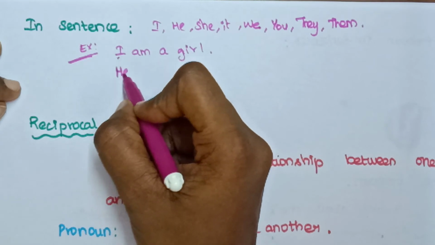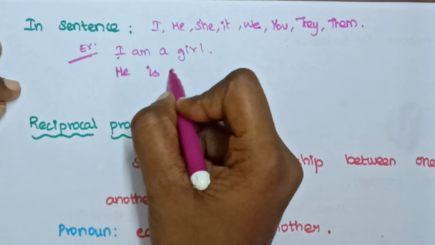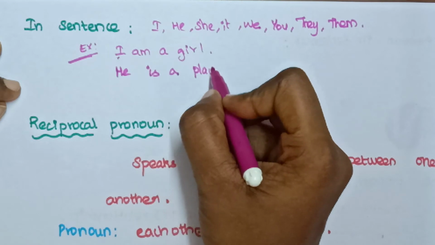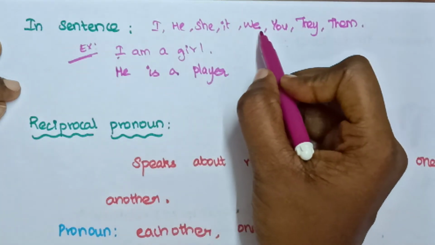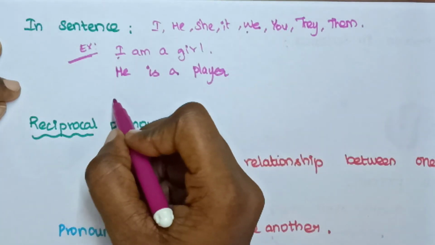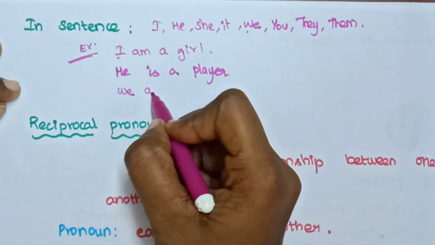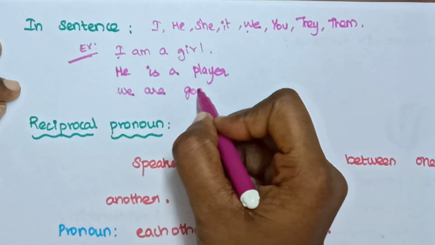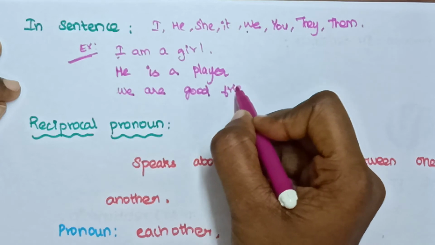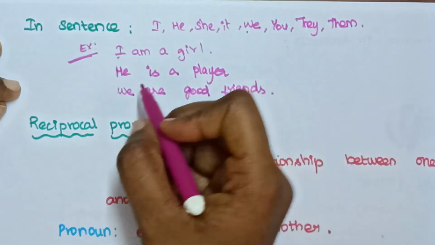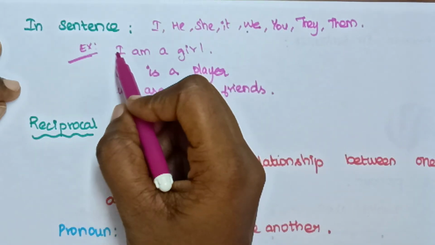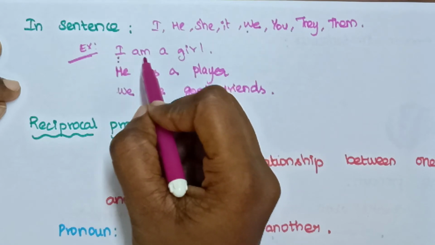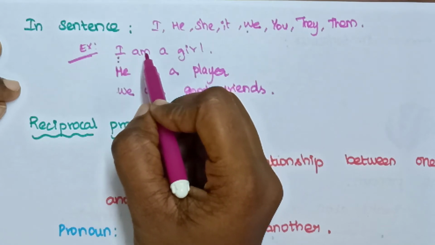For he, he is a player. Now if you want to describe plural, we are good friends. So we have to use a plural verb here. For I, we will obviously use what verb? We'll use am.